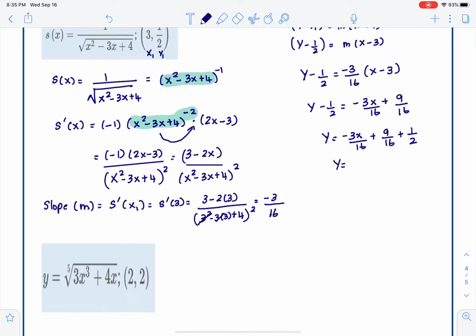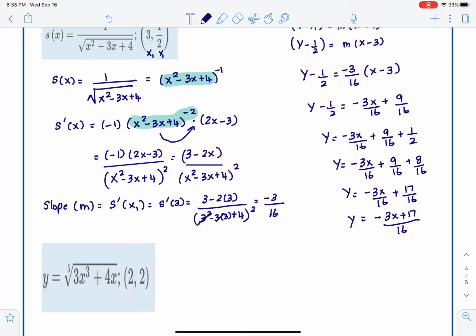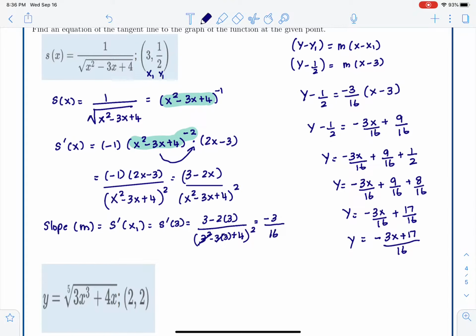So y would equal minus 3x over 16 plus 9 over 16 plus 8 over 16. Y would equal negative 3x over 16 plus 17 over 16. Since we have a common denominator, we can combine it as negative 3x plus 17 over 16. And that would be the equation of the line tangent to that particular function at 3, 1/2.